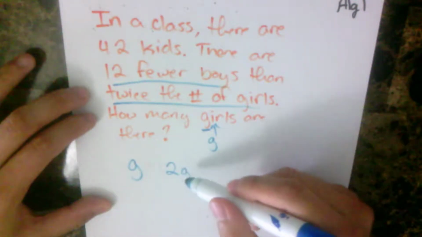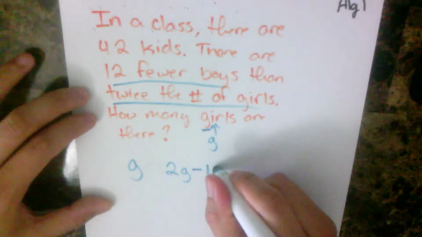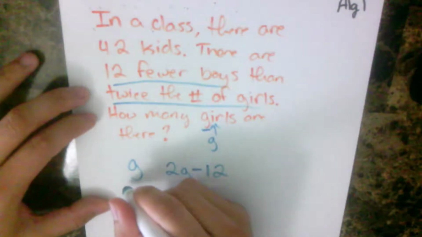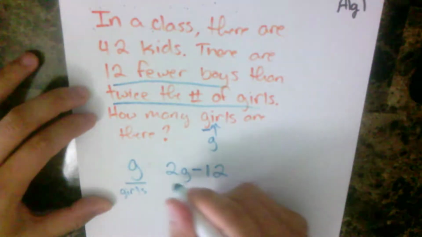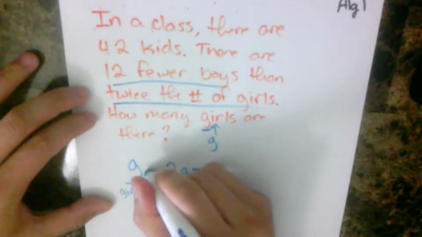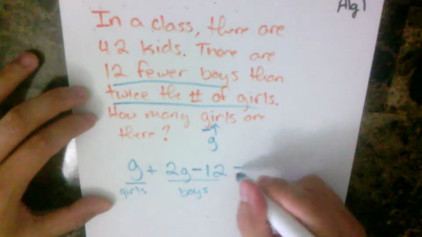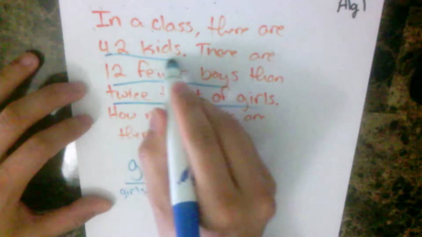And then it's not just twice them, it's 12 fewer than that, so minus 12. This portion over here is your girls. This portion over here is your boys. And I know that the girls and boys put together equal a whole class of how many kids? That's up at the top: 42 kids.